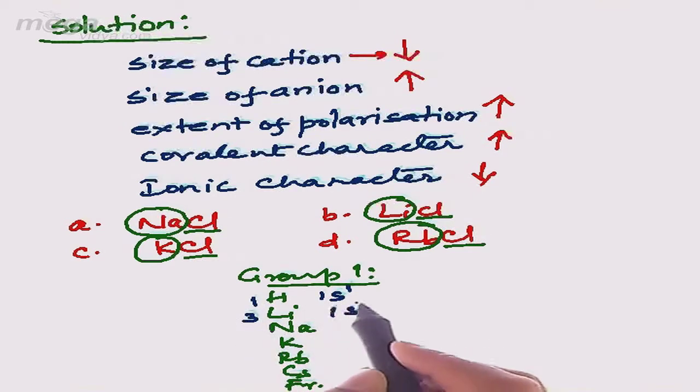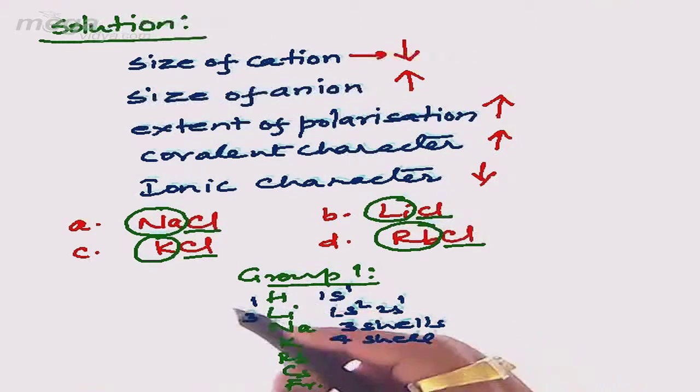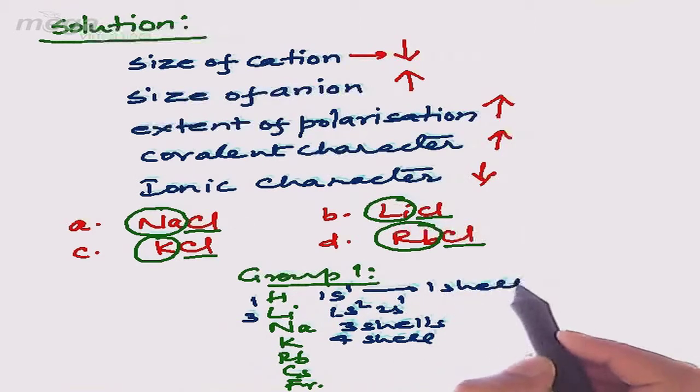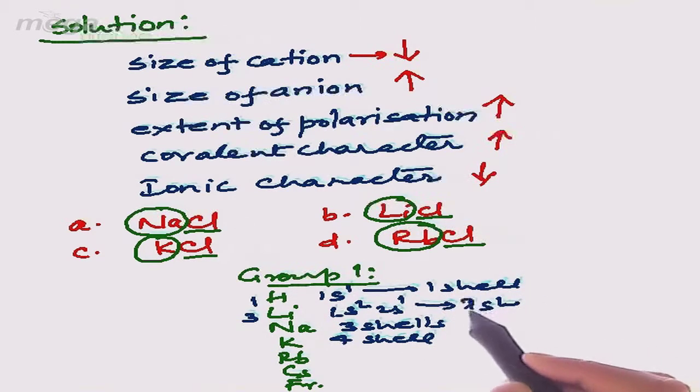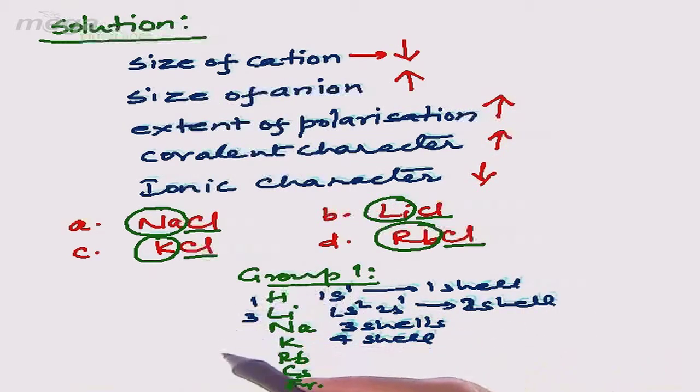Lithium has 1s2, 2s1, so it has 2 shells. Similarly, sodium possesses 3 shells, potassium has 4 shells, so as we move down the group the number of shells increases, and with the increasing number of shells the atomic radius or the size of the atom also increases.